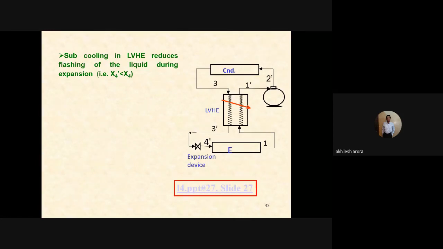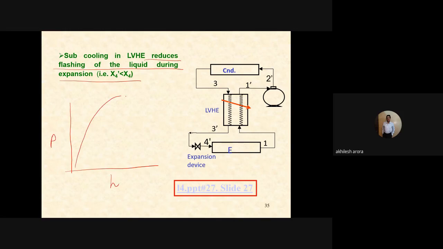Another thing that can happen in this particular case is that subcooling in the liquid vapor heat exchanger reduces the flashing, which you have already seen. Flashing means the vapor formation is reduced. How is it reduced? This is the ph diagram. Because of incorporation of the liquid vapor heat exchanger, the point 3 shifts to 3 dash, and then after the expansion, this is the entry point, which is 4 dash, to the evaporator.